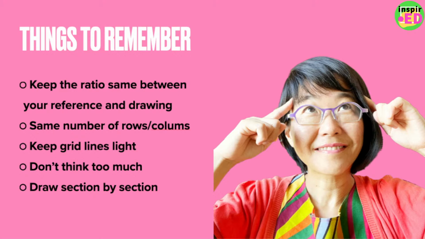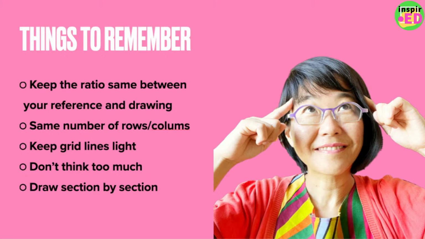Also, don't think too much. This can actually be applied to other types of drawing too, that focus on lines and shapes instead of thinking about, am I drawing the octopus, am I drawing this. Really simplify the view to look at the shape and the outline of the shape.